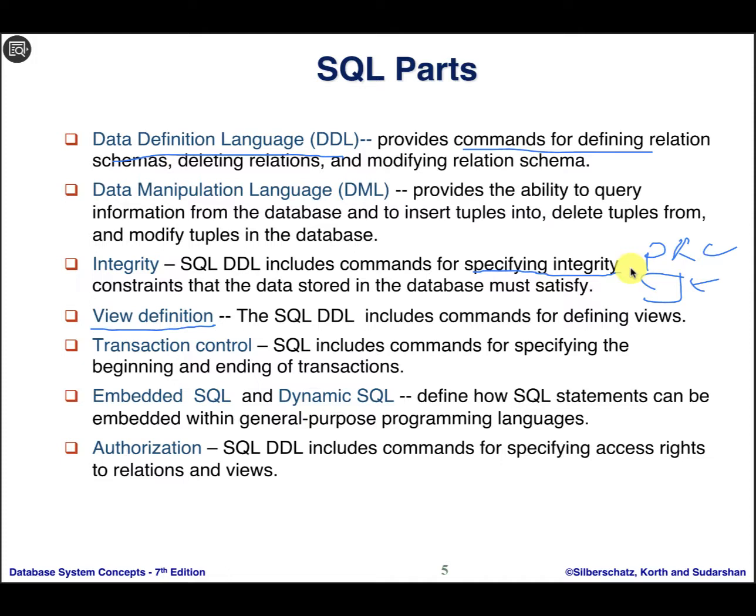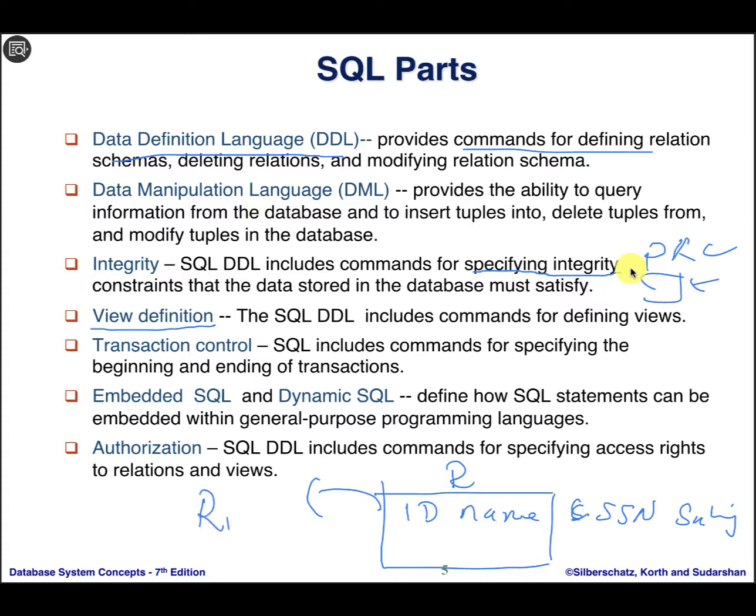For example, assume you have a table R which contains ID, name, social security number, salary, etc. You can define a view, which is a portion of the data, so that some users can access a portion of the data, not the entire data. You can specify a view R1 that contains only the ID and name. So you can hide the social security number and the salary from the user. We're going to go over this later in more detail.